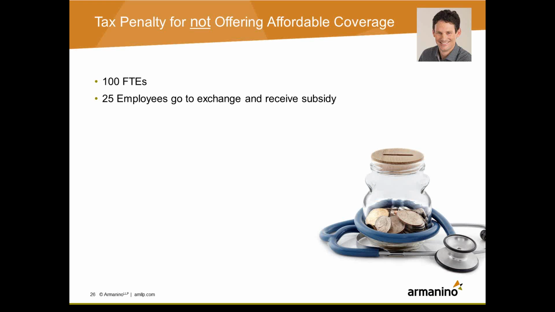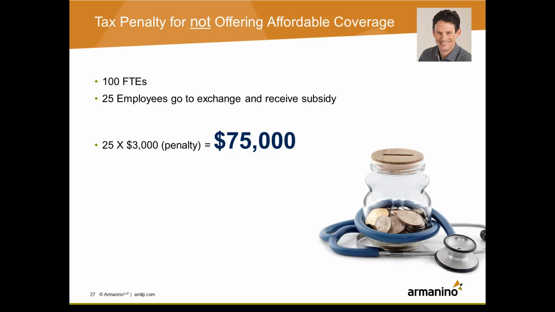All right. So your insurance is not affordable. We use the same 100 full-time employees, and because it's not affordable, 25 of your employees go to the exchange and they receive a subsidy. So you're going to get penalized on them.